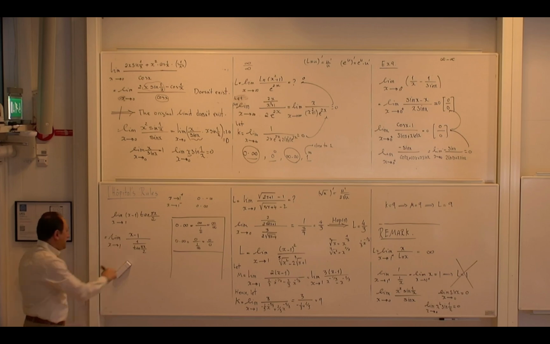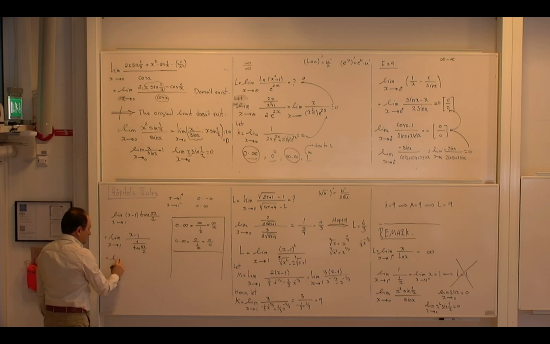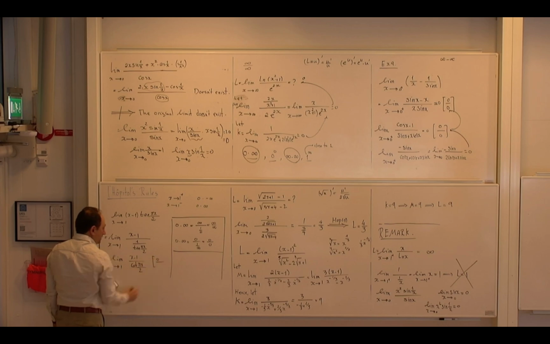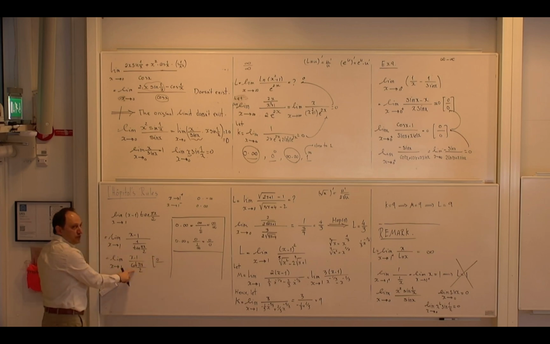But now, this has a formula. So what is that? x minus 1 over cotangent. Now if I put 1 again, this limit becomes 0 over 0, because cotangent of pi over 2 is also 0.